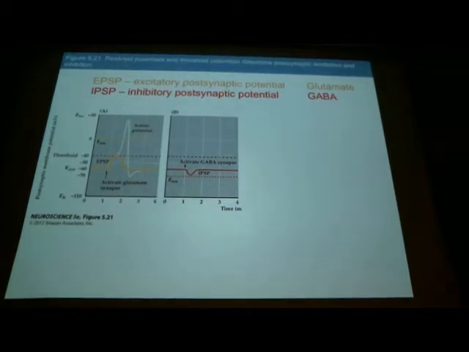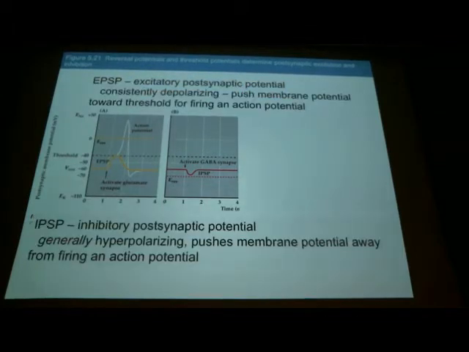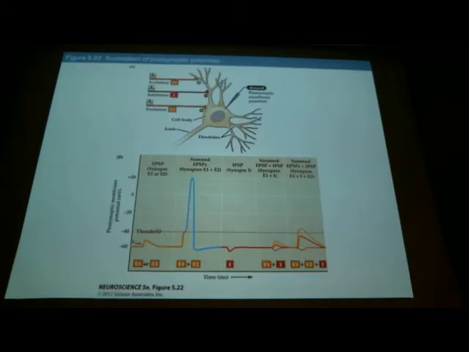But for now, I just want to focus on this idea that you can have inputs that cause depolarization and inputs that cause hyperpolarization, and they sum up. At a very simple level, they sum up. If you have something that's both positive and negative happening at the same time, they cancel each other out. If they're equal and opposite, then you get a cancellation.